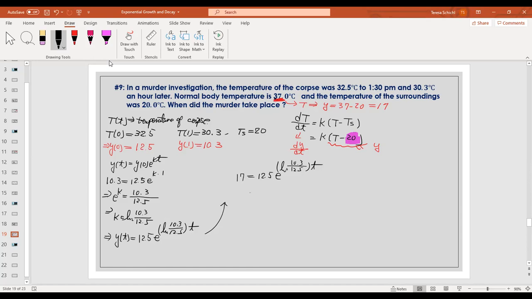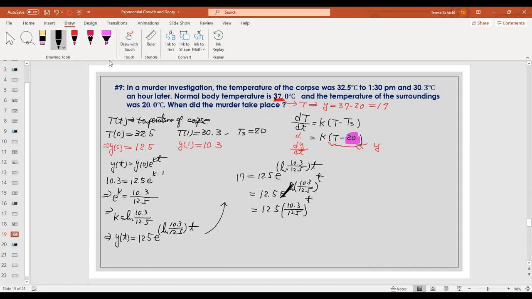Okay, so now you can solve it. This is 12.5 and this is e. I can put this as 10.3 over 12.5, and I can move the t up here. Then the natural log and the e cancel. So this will be 12.5 times (10.3/12.5)^t. And we did this many, many times, right?